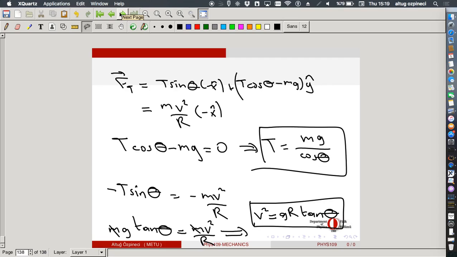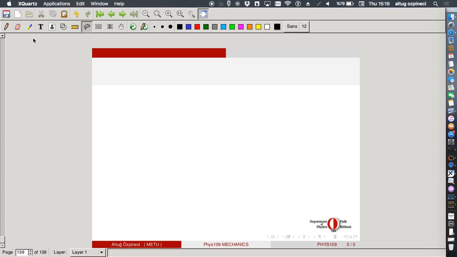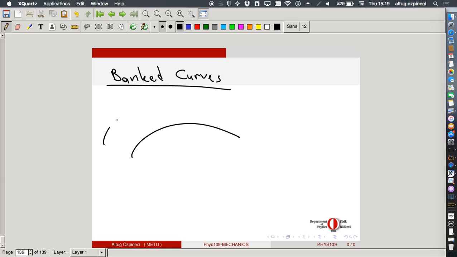Let's see. Let's assume you are driving a car and you go around the curve. We will ignore friction this time, but we will assume that your car is going around the curve, moving at constant speed.